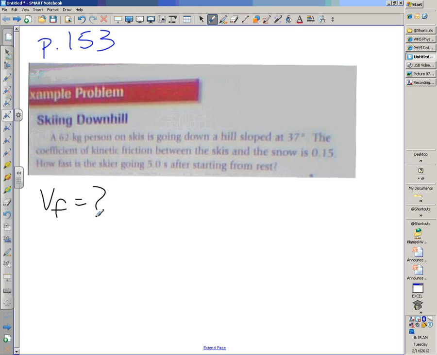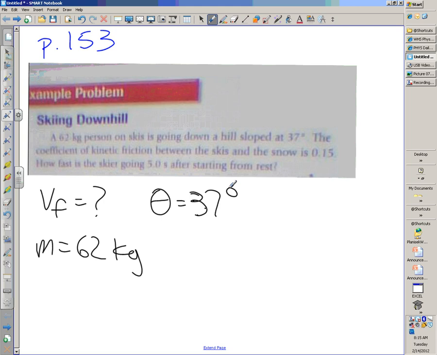Things we do know. What are some things they gave us to work with in the problem? Okay, they gave us the mass of the skier, 62 kilograms. They gave us that the angle is sloped at 37 degrees.